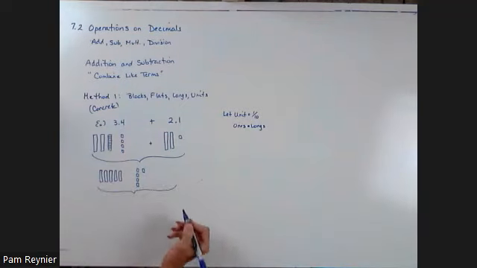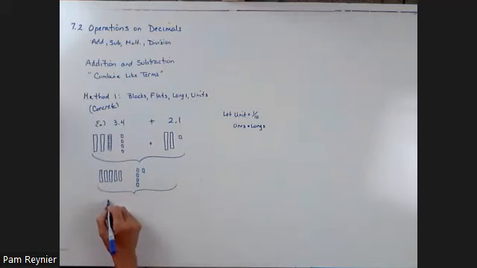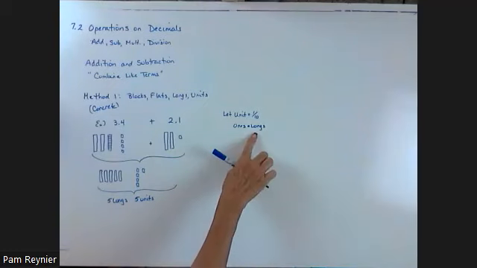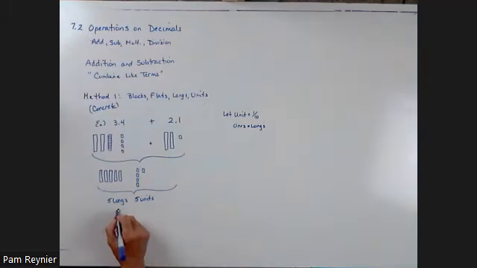And this is going to give us a total of 5 longs and 5 units. I didn't draw the pictures this time. And so we end up with 5 longs. Longs represent ones. So I have 5 ones and 5/10 when we're finished.